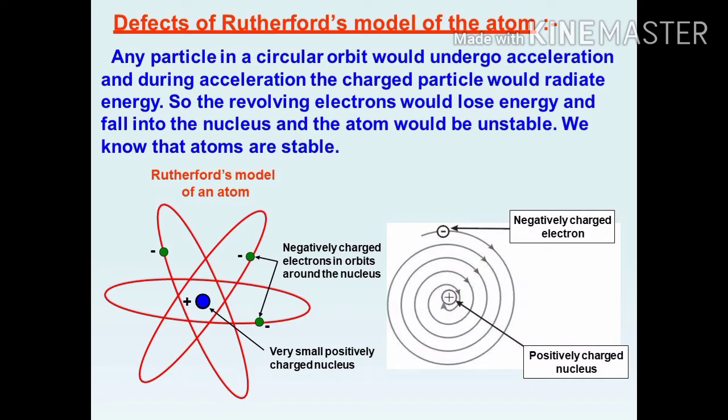See here, two pictures are given. The positively charged protons are found inside the atom in the nucleus. The negatively charged electrons are revolving in orbits. Electrons are negatively charged, and the positively charged nucleus contains protons.